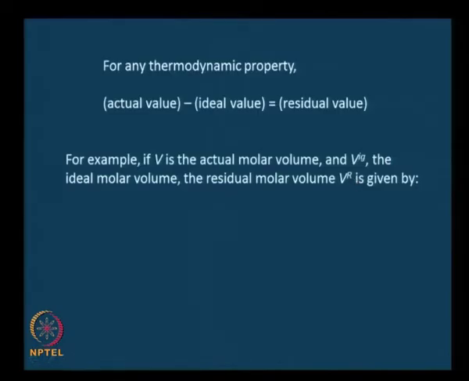To give you an example, if V is the actual molar volume of a substance and Vig is the ideal gas molar volume, then the residual molar volume, represented as Vr, is given as the difference between the actual value V and the ideal value Vig.